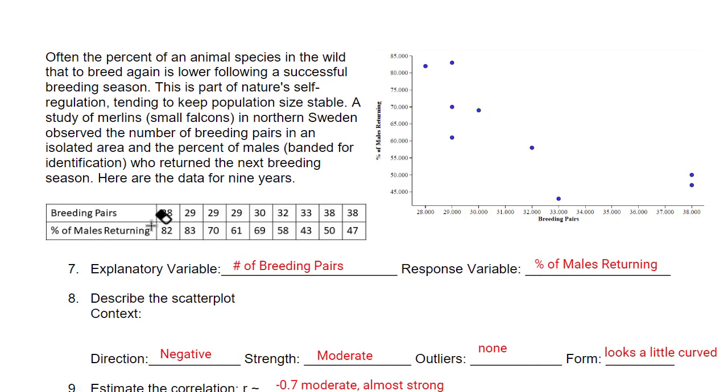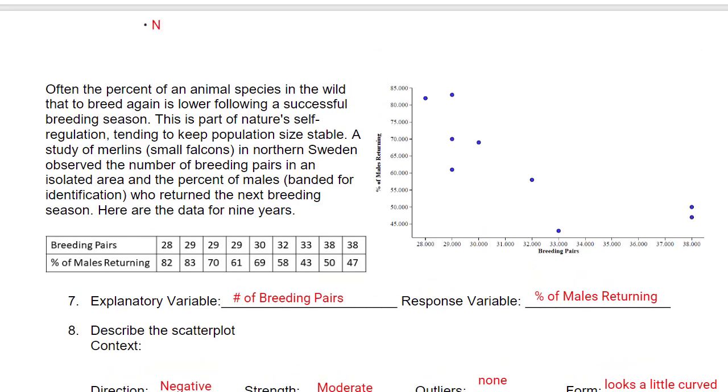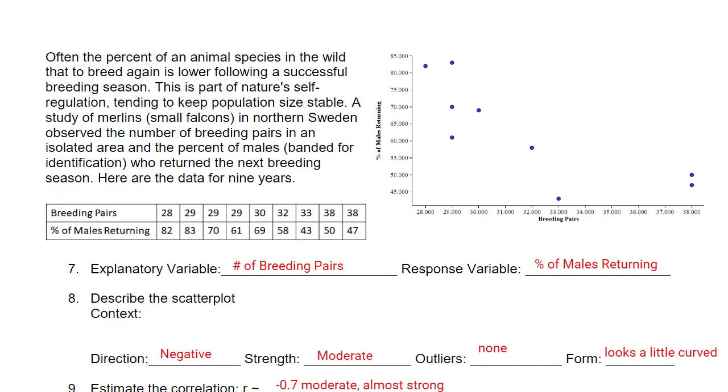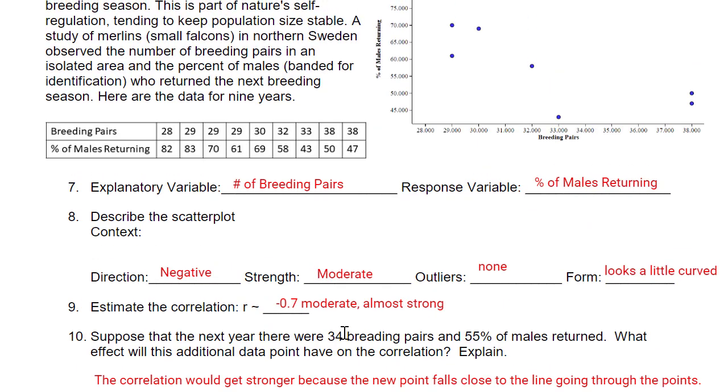So I would definitely say there's some curvature going on in here. All right. Now, estimating the correlation, I happen to know what the correlation is. It's actually slightly stronger than negative 0.7. So it is on the moderate side.